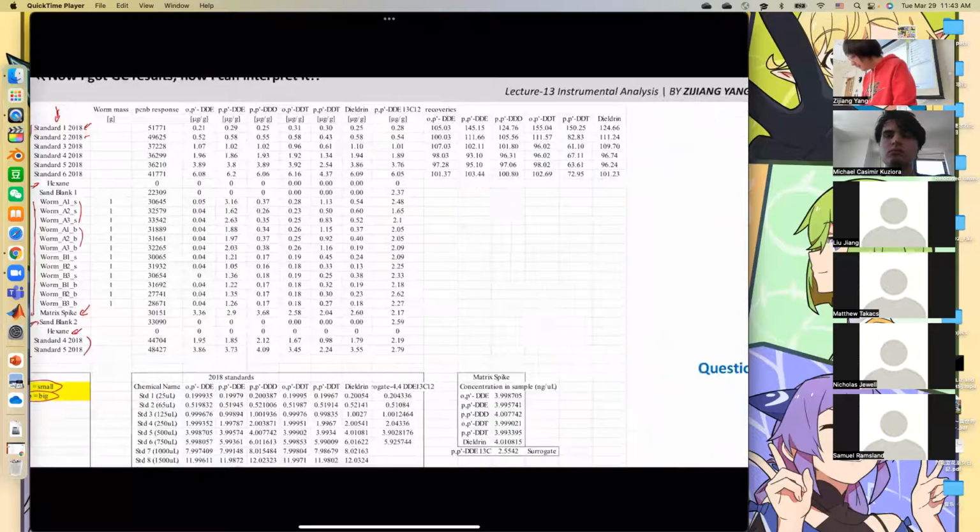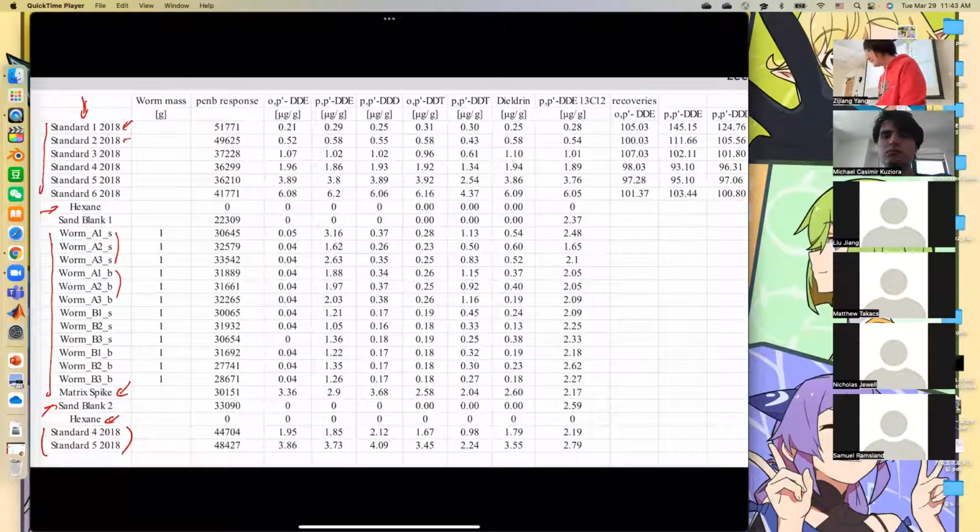And let's see, we have this PCNB response. Basically, this refers to the absolute value of the response of the instrument, the GCMS. But in this class, we do not care about this. In general, we want to make sure the response of the instrument is consistent, so the values should be very similar.